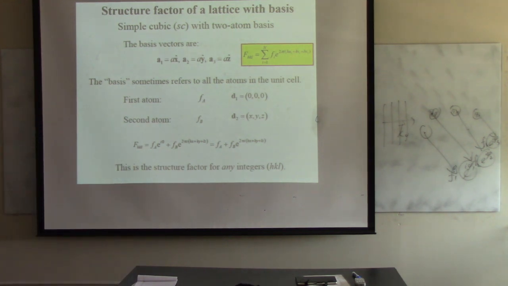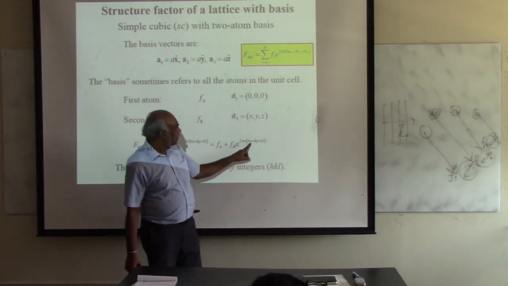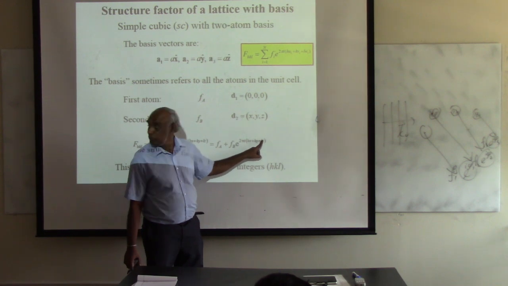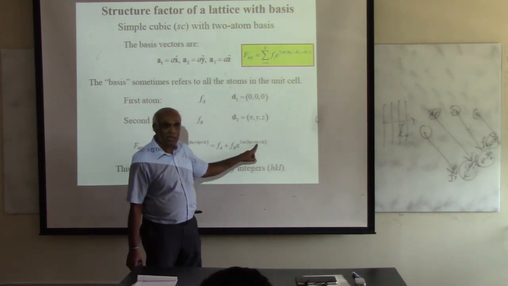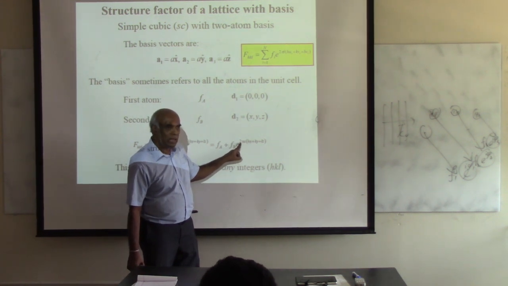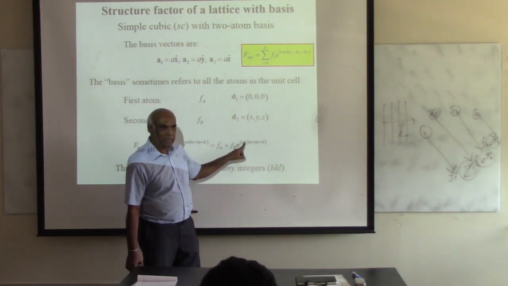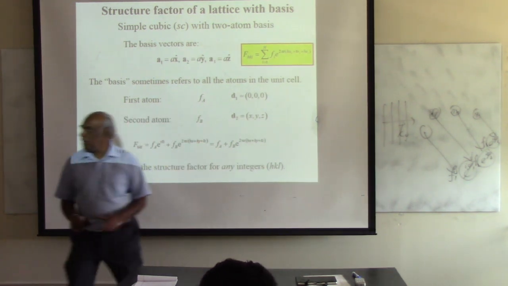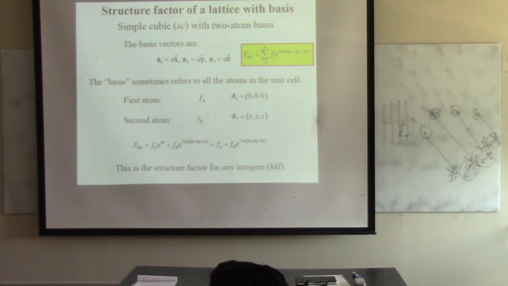Suppose it is this position, 0, half, 0, then what happens? Then x is 0, right? So this is 0, z also 0. What is this one? Half. That means that the half and this 2 cancel. What do you get? Pi i. That means that becomes -1. So that means you have FA minus FB.